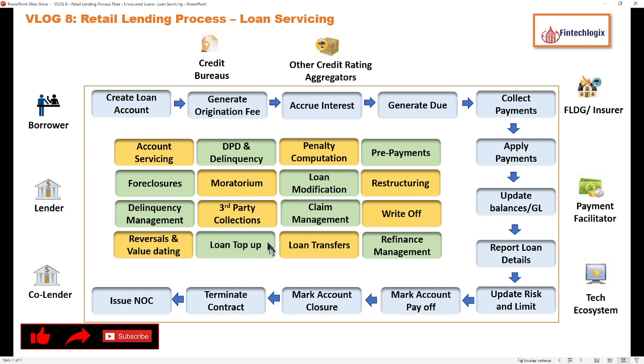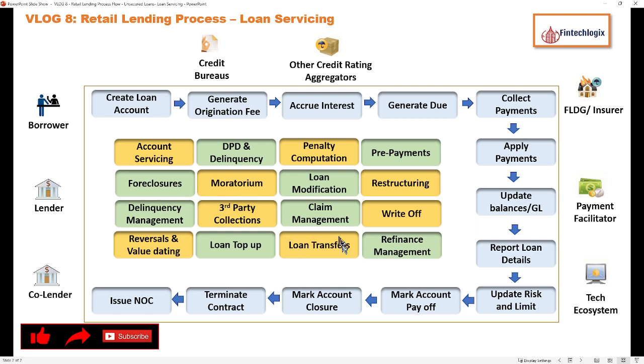Now, loan top up: sometimes the borrowers will come and ask for additional loan disbursement. At that point of time, in some cases it can be treated as a separate loan, or in some cases this loan amount can be added to the outstanding, and your installment can be modified, right? So loan top up is that.